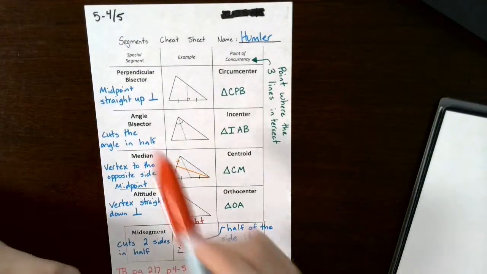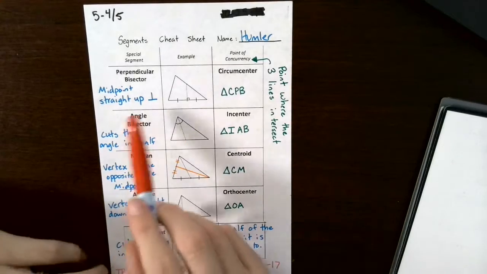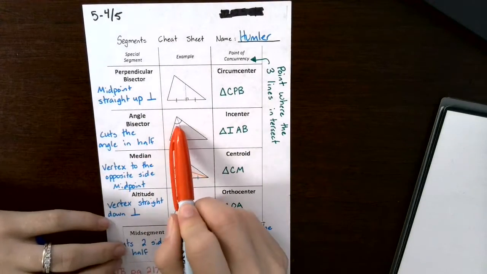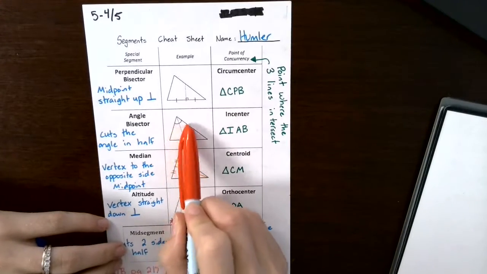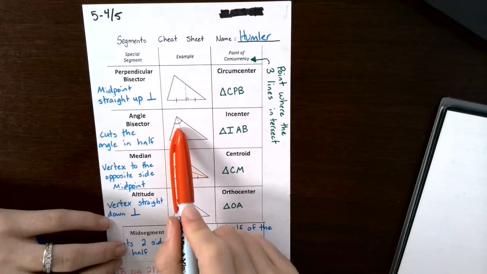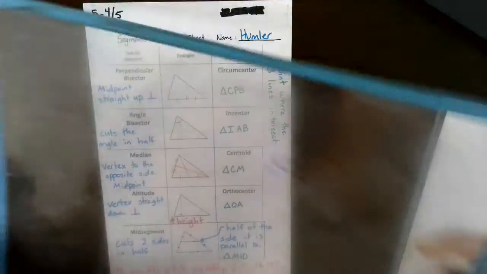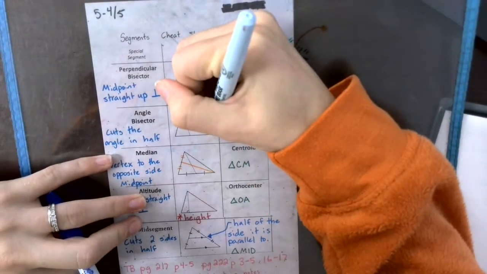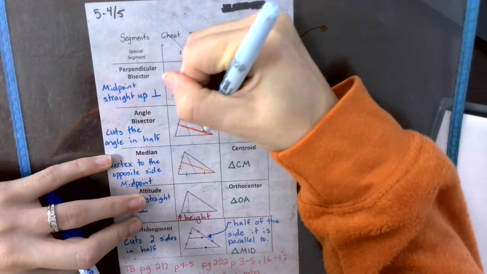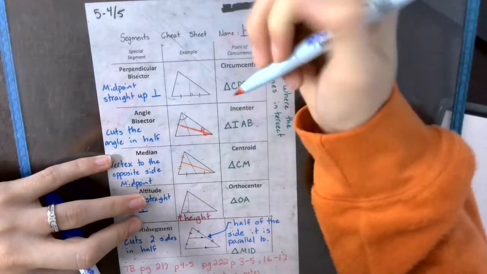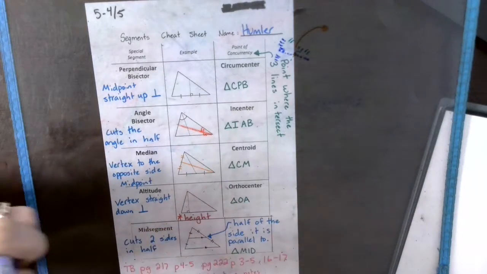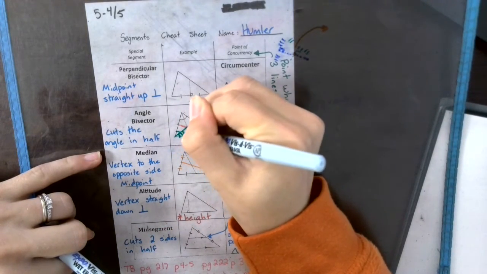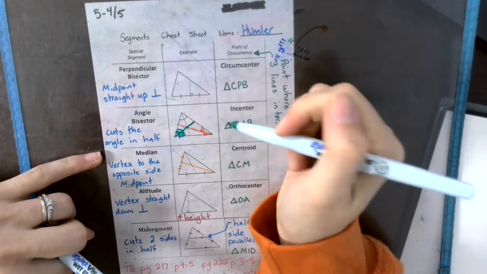So next up, we have angle bisectors, okay? All angle bisectors do is cut the angle in half, but we have to look for this little arc mark. If we don't have the arc mark, we don't have an angle bisector, okay? And then once again, the point where all three angle bisectors intersect, so if we cut this angle in half with the little arc mark, and then if we cut this angle in half, right here, use 3 arcs.